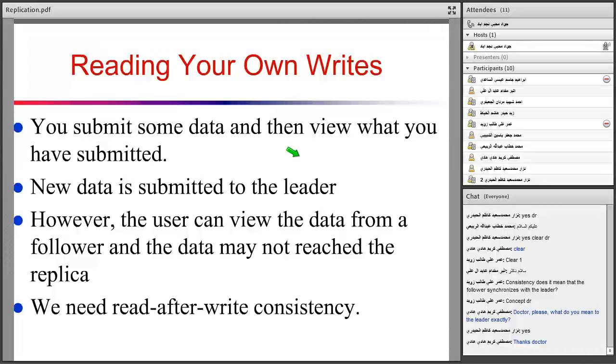When I leave the university and I'm in the car, it's possible that I connect to an asynchronous follower, and because of the replication lag, this follower does not have up-to-date information, so I cannot see my own up-to-date data. Okay, is it clear?